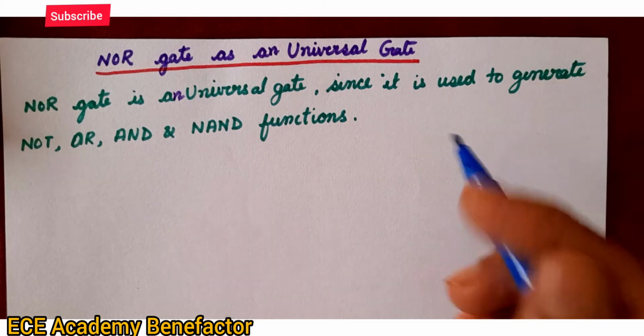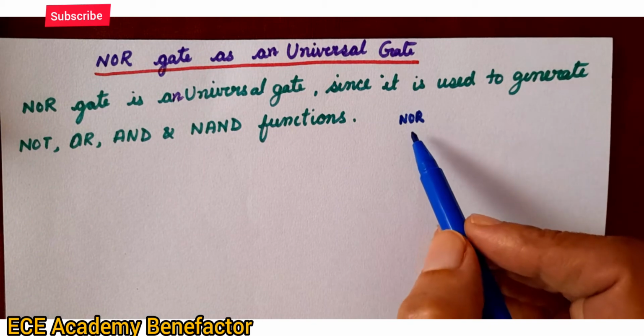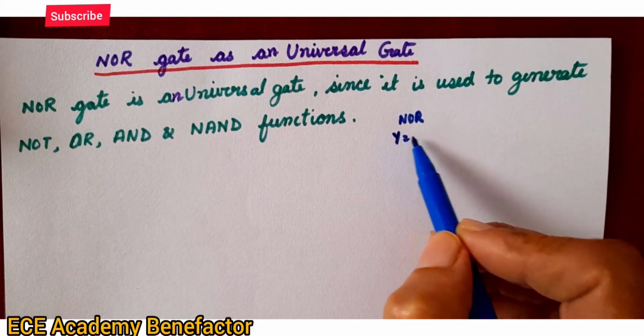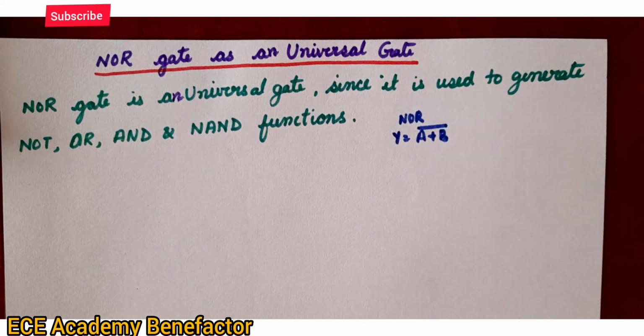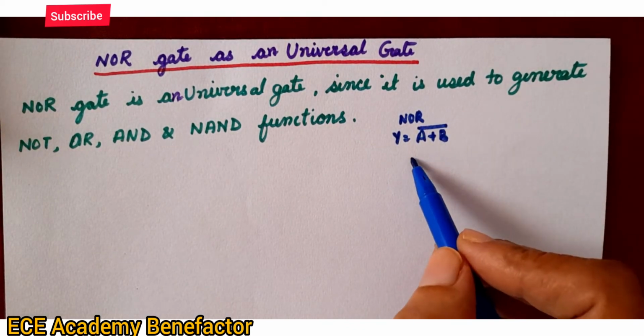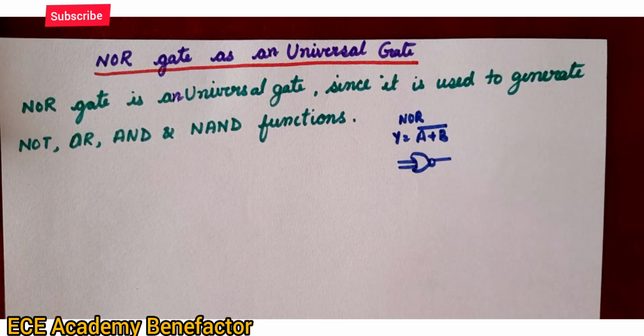So what is NOR doing? NOR function. What is NOR function? Y is equal to A plus B the whole bar. This is a NOR gate symbol.